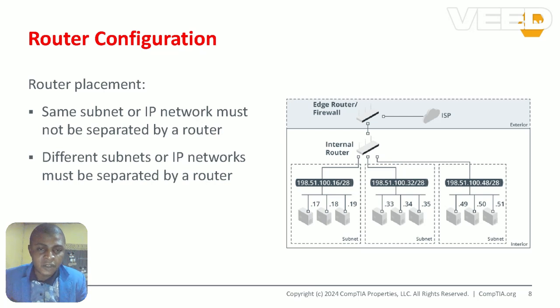Now we have the edge router or firewall. This one is known as a network firewall. It protects the network from unwanted material or users intruding into it.